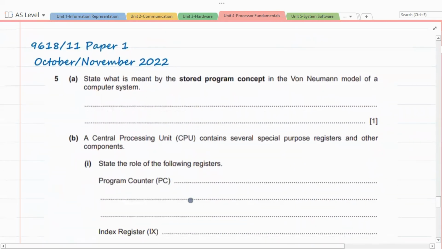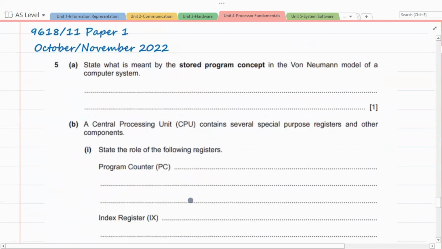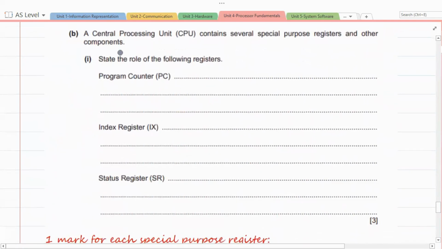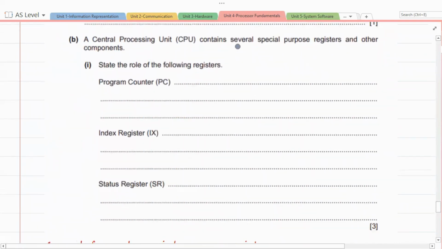Now there are a few questions, past paper questions. This one we have already covered in my last video when we learned about von Neumann architecture. So let's have a look at this. A central processing unit contains several special purpose registers and other components.